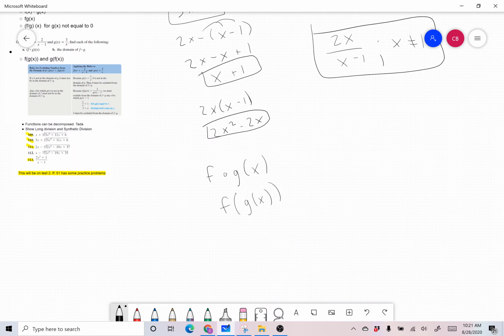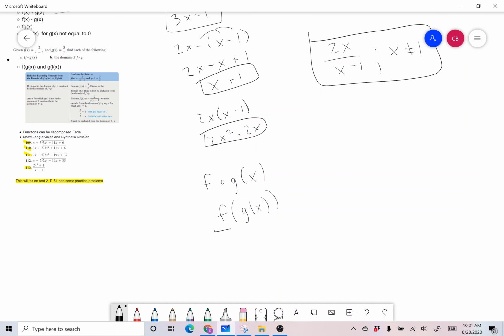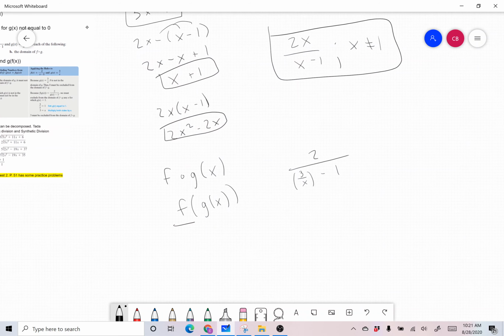So what that means is we're going to make a template with the outside. So f is 2 over x minus 1. Now we're going to do something with that x. We are going to actually plug g into it, 3 over x. And then that is your composition.